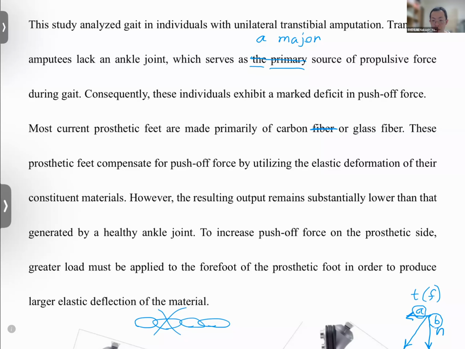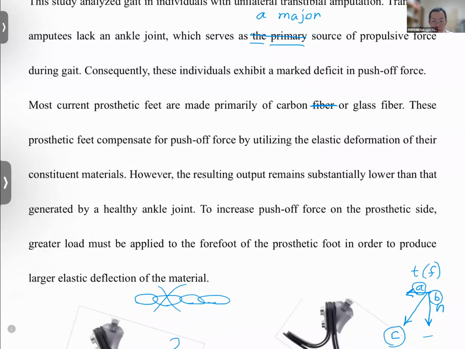A marked deficit. Marked deficit. That's better.